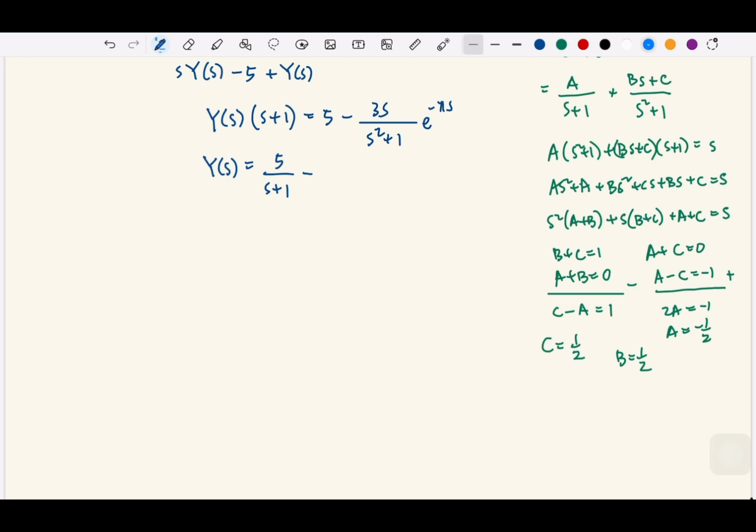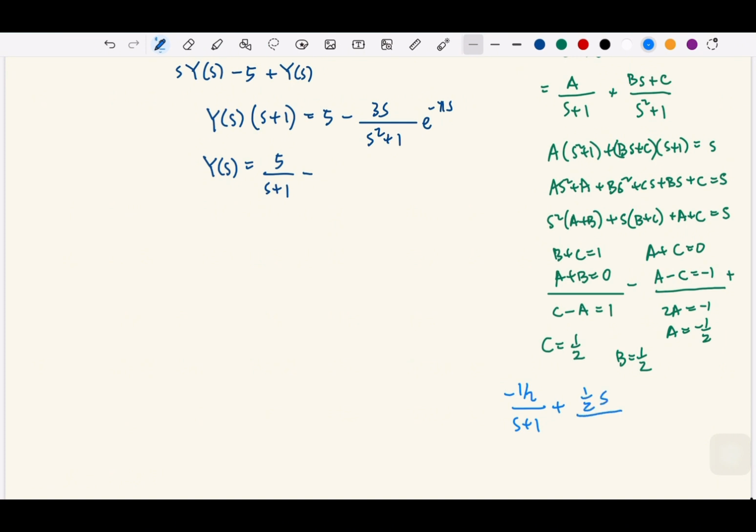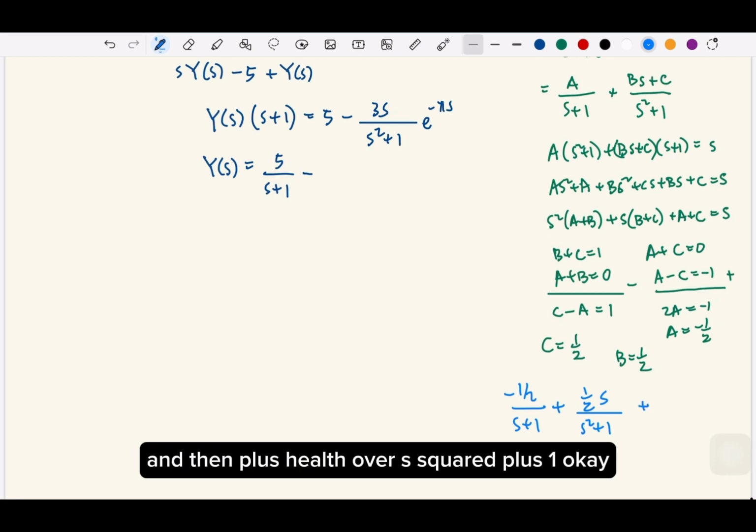So -half over s plus 1 plus bs is half s over s squared plus 1, and then plus half over s squared plus 1.